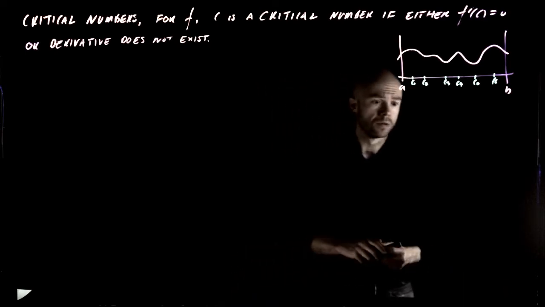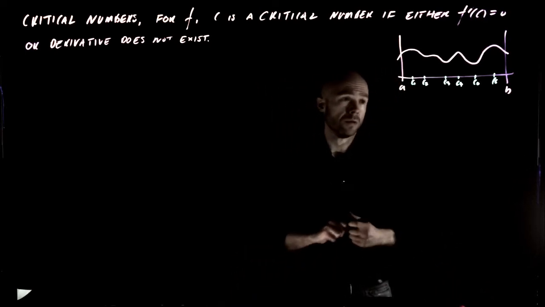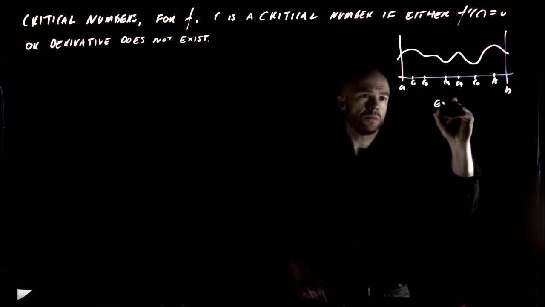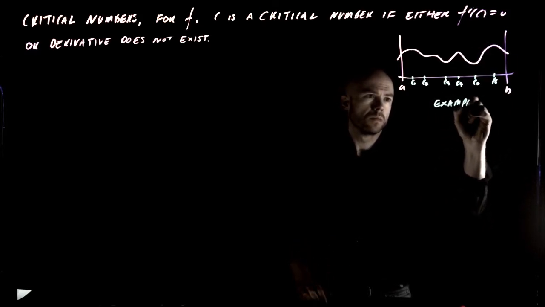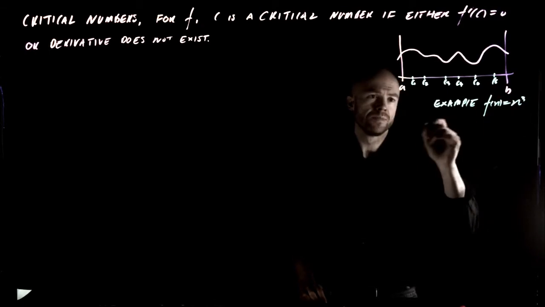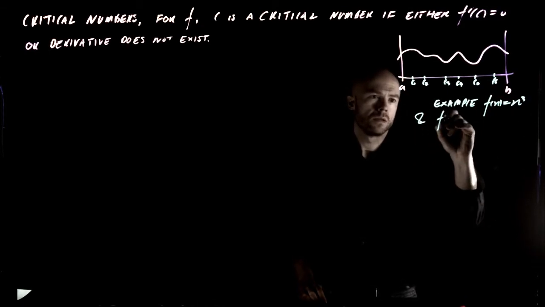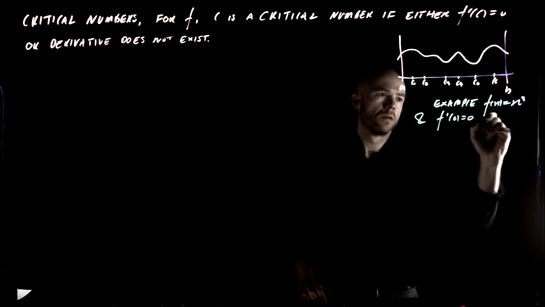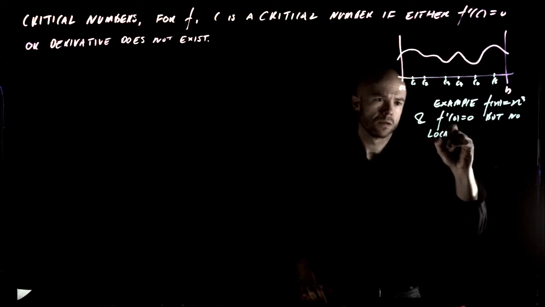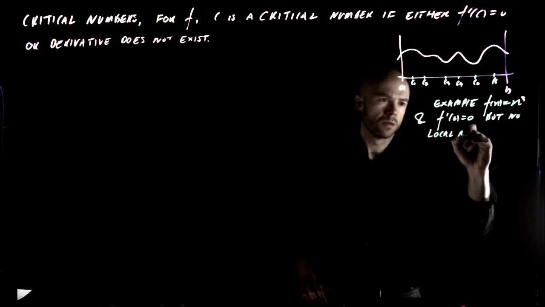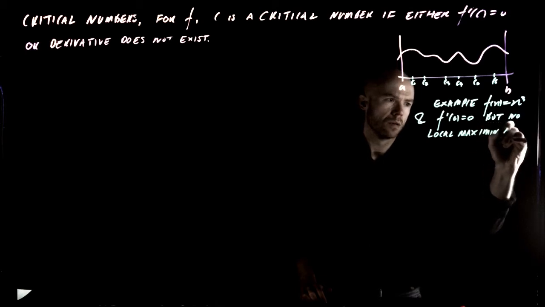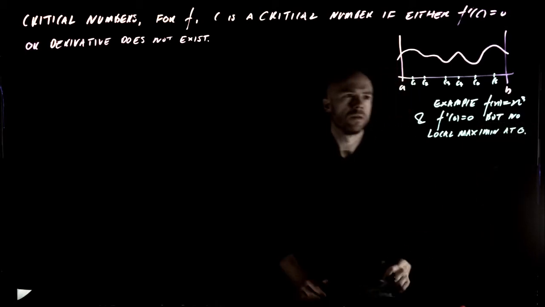And the example which we discussed before is x to the 3, and f prime of 0 equals 0, but no local max at 0, right?